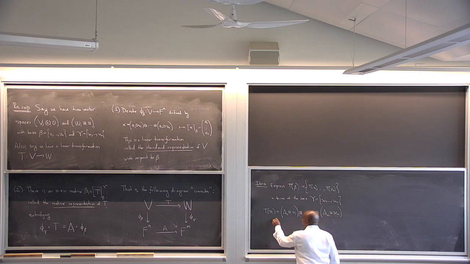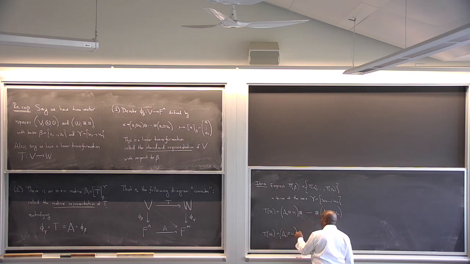And of course, we can keep going all the way down through vn, and somehow the image here we can also write as this linear combination.